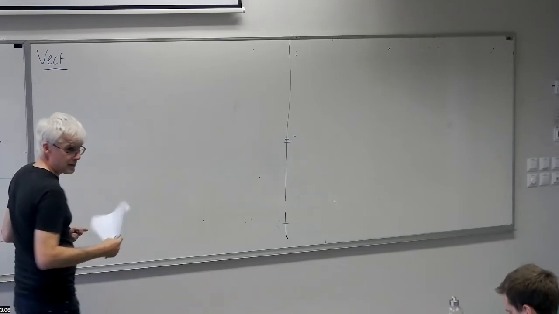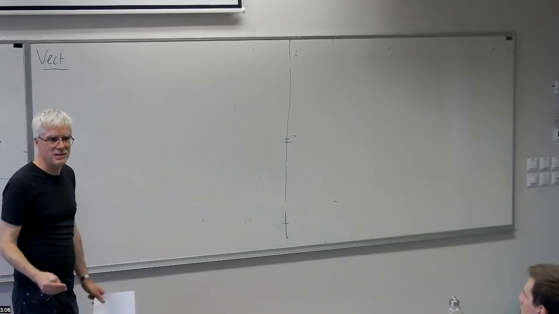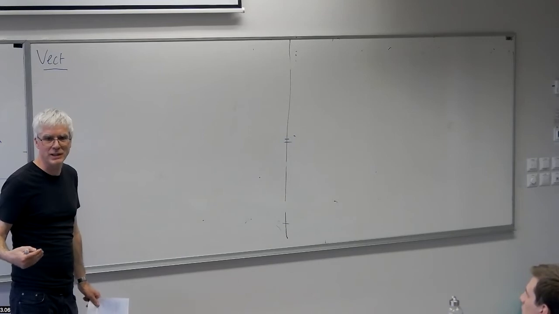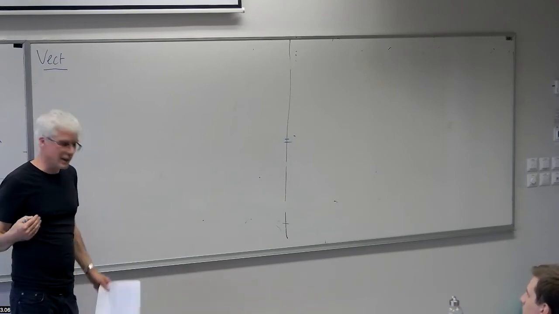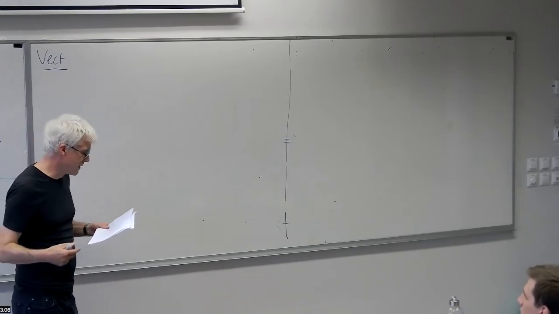So if you know, as most of you do, the tensor product on vector spaces, you'll know the construction of it is a little bit complicated. But the idea behind it is not complicated.